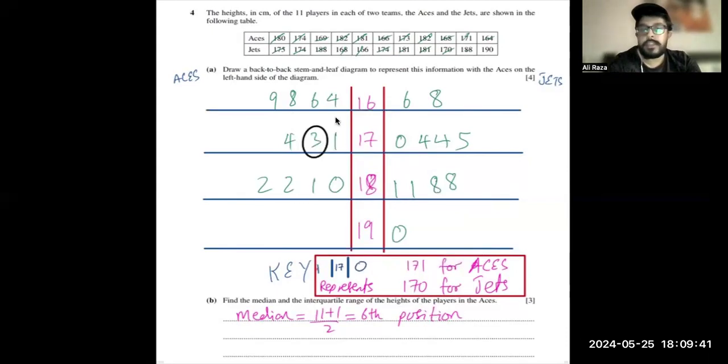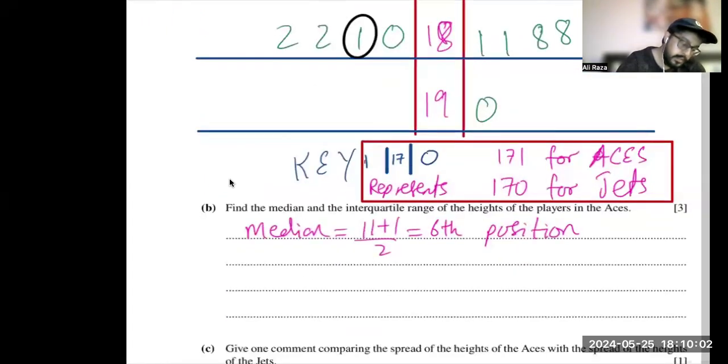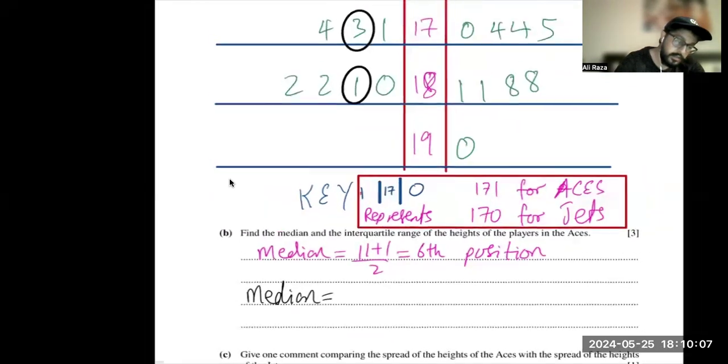Now this median has divided the data into 2 equal halves of 5 values each. Out of these 5 values, the middle value would be the third value. And out of these 5 values, the middle value would also be the third value. The median is 173.